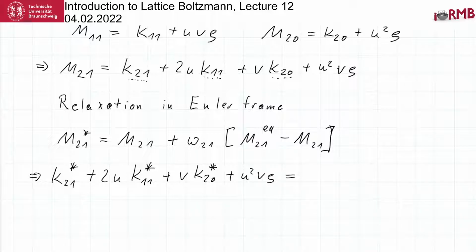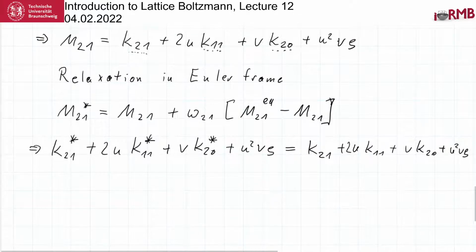And now we come to the right-hand side where we start with the pre-collision states. This is k21 plus 2u k11 pre-collision plus v k20 plus u square v rho.